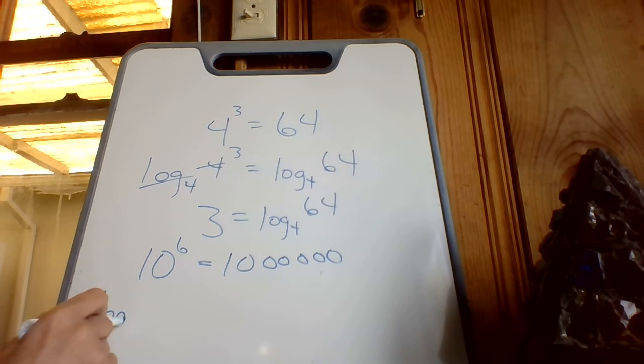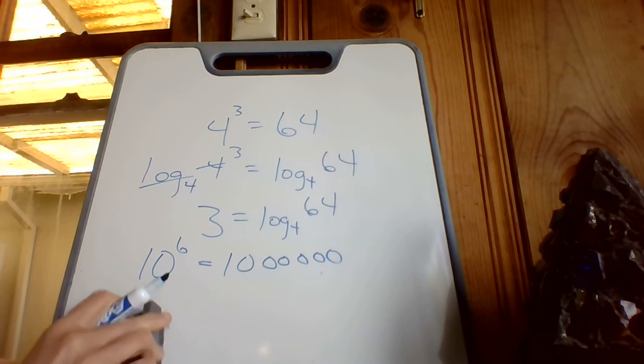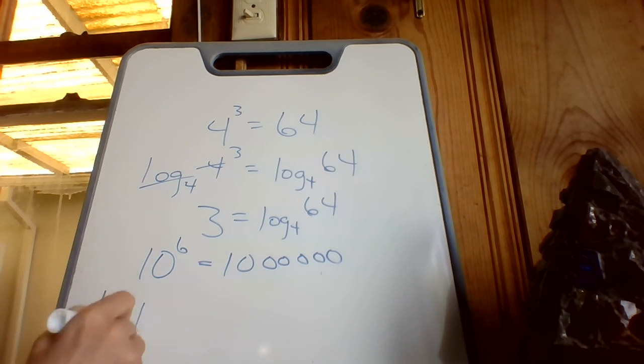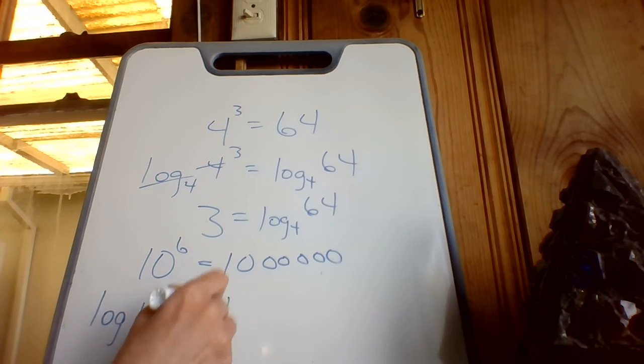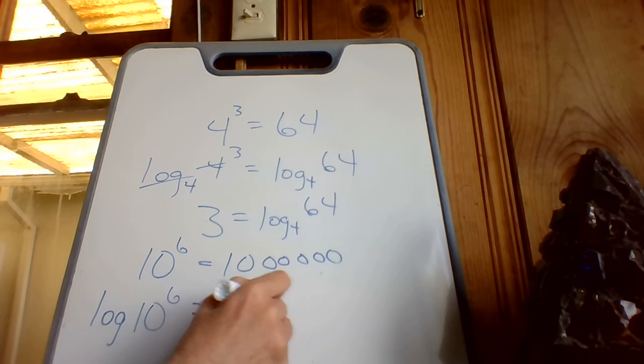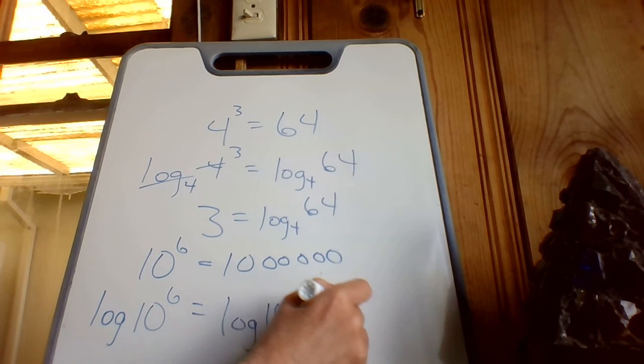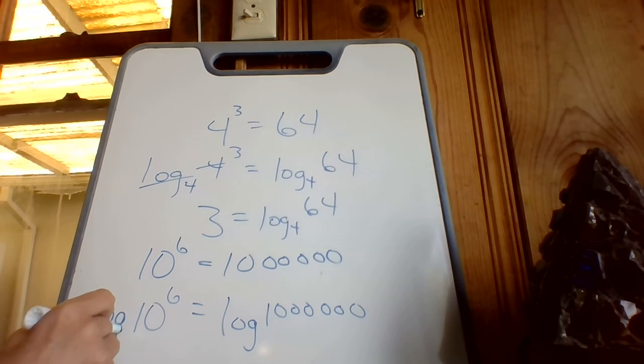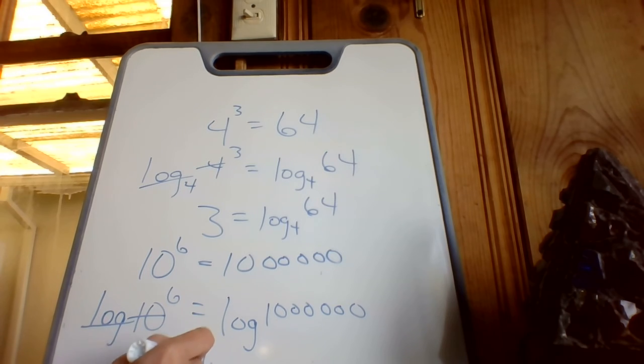You can write the base 10 on there if you want, but you don't have to because everybody knows if it's invisible, it's a 10. And this little 10 cancels with this, so it says 6 equals log base 10 of a million. You didn't have to do any x equals or anything like that. You just have to rearrange them.